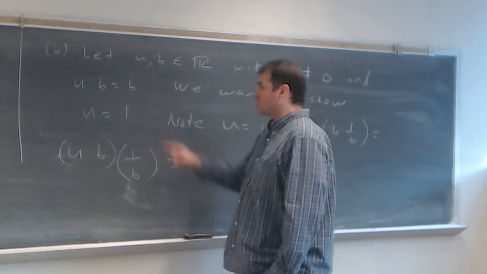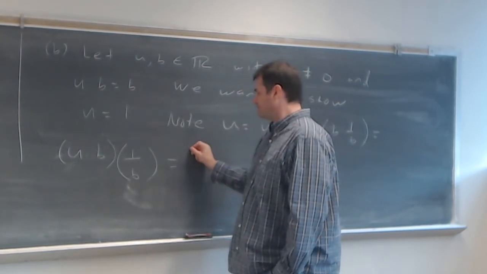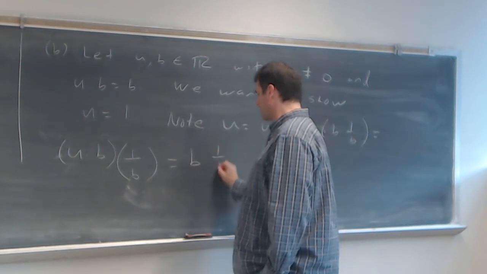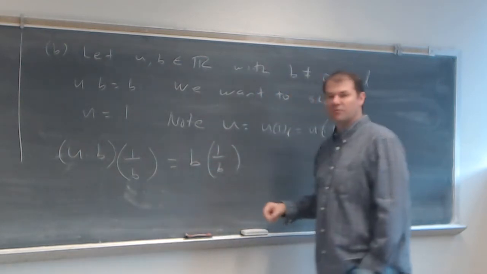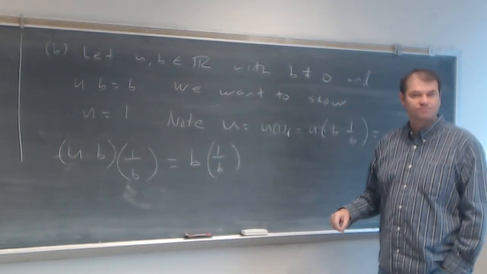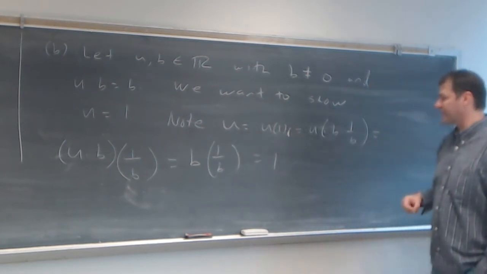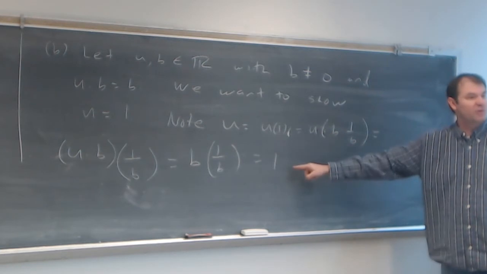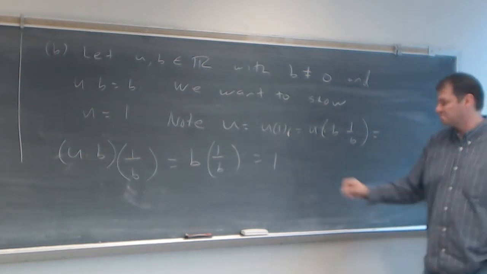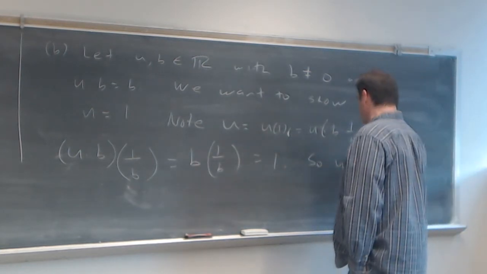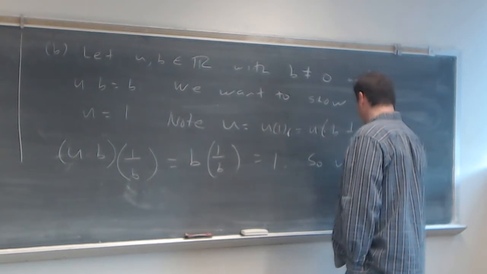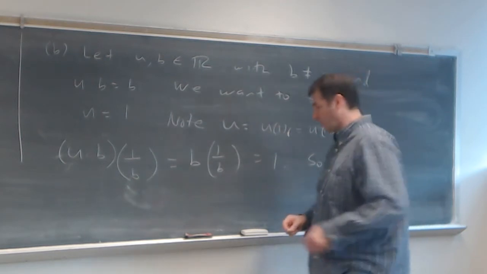This U times B is equal to what? What are we assuming it's equal to? B. So we have B times 1 over B. But what's B times 1 over B? Very simple thing. That's 1. Look at this string of equalities. It starts with U and it ends with 1. So in this situation, U had to be 1. That ends that proof, part B.